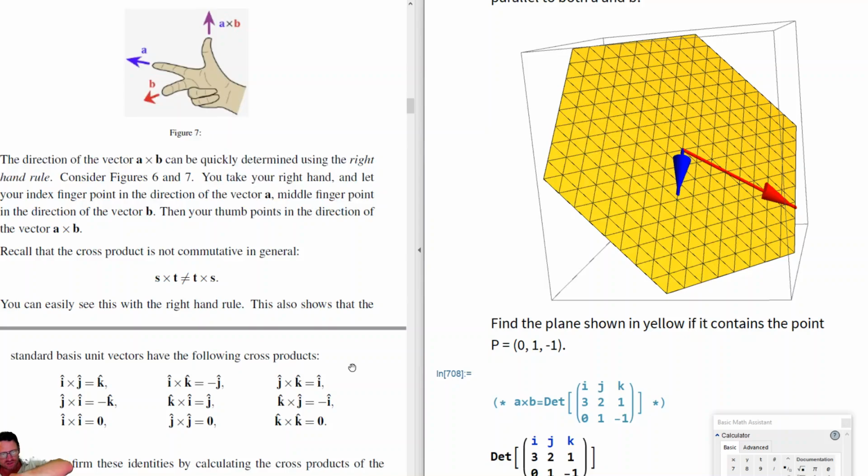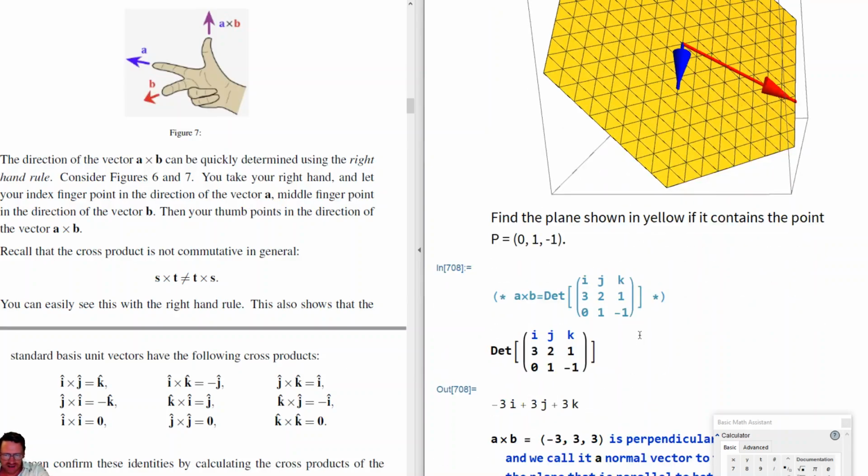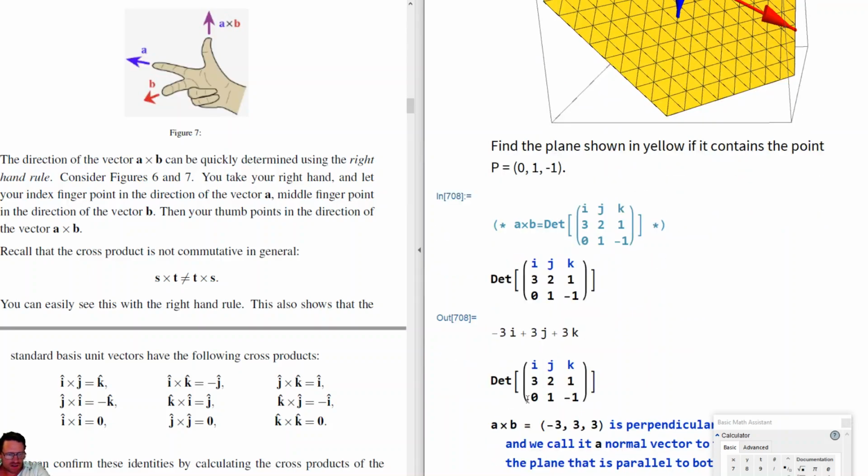So i cross j gives k, and you can compute i cross j using a determinant, right? So if I just did that here, i cross j would be 1, 0, 0, and then in the second row we would have 0, 1, 0.